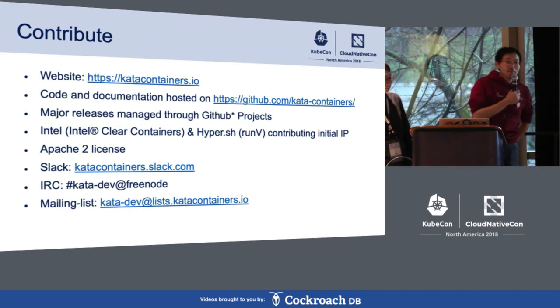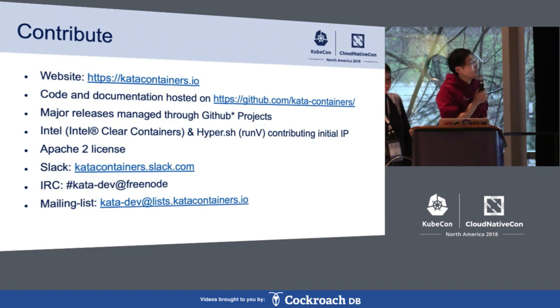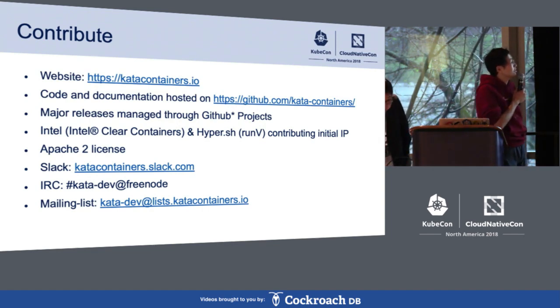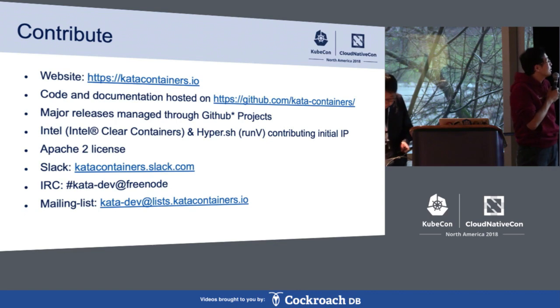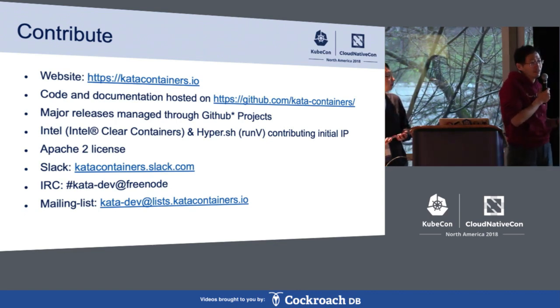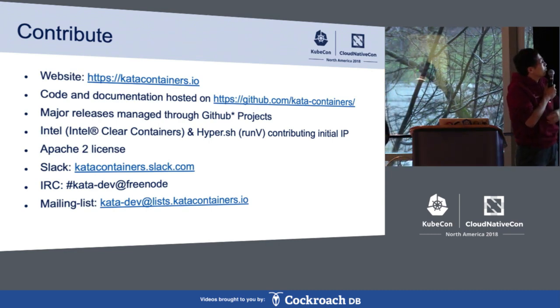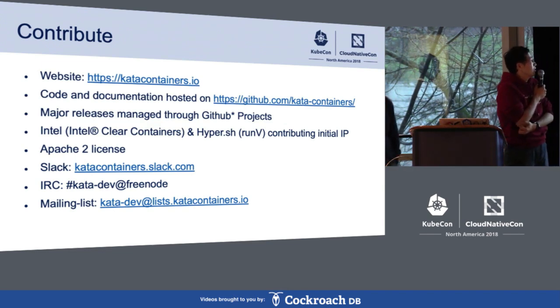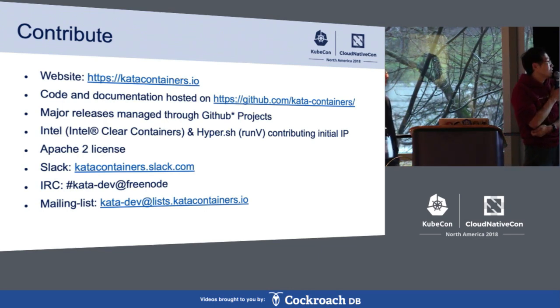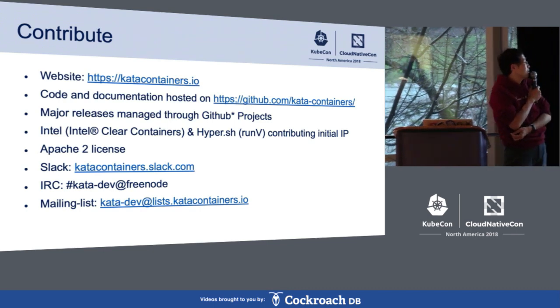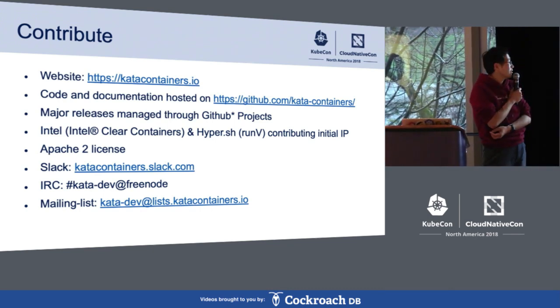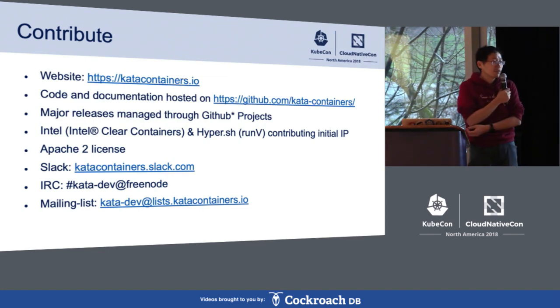That's the last page. Kata is a fully open source project hosted by the OpenStack Foundation. We are not an OpenStack project, but an independent project. All the code and documentation are on GitHub, and Intel and Hyper made the initial contribution, but the project is under the Apache 2 license, and we have open governance.